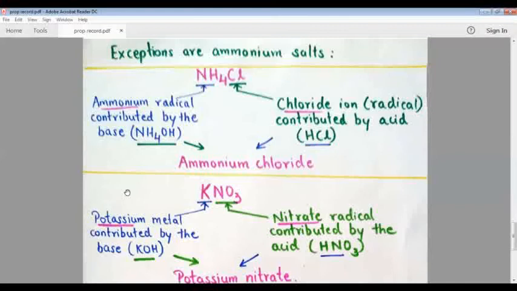So in this example, NH4Cl, the ammonium, which is the positive part, comes from ammonium hydroxide, that is, the ammonium radical will come from ammonium hydroxide, which is a base, and the chloride ion will be contributed by the acid, which is hydrochloric acid. So we can name it as ammonium chloride.